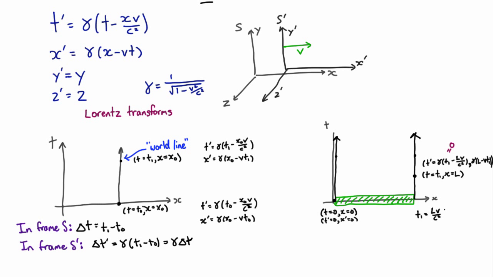And then I simply plug that into this equation here. And because this is 1 on gamma squared, that means that L' is just L on gamma, which is length contraction. So you can see that the bar in the S' frame is going to look shorter because the distance from here to here is this smaller distance, L on gamma.